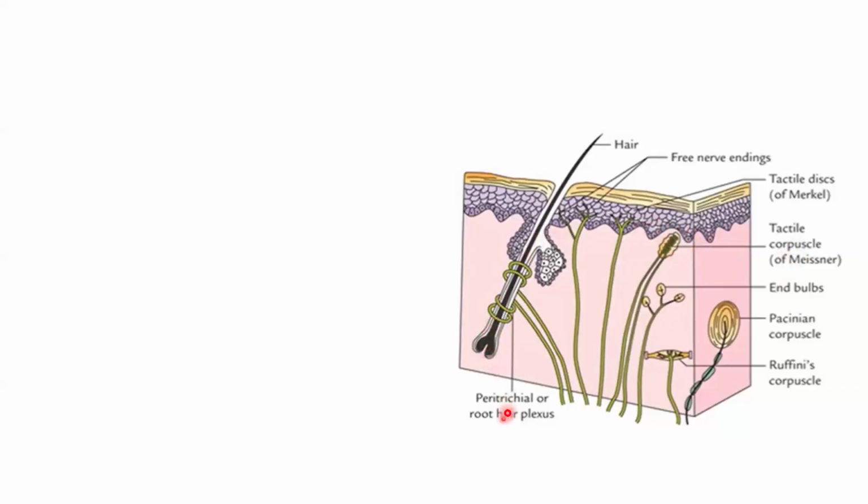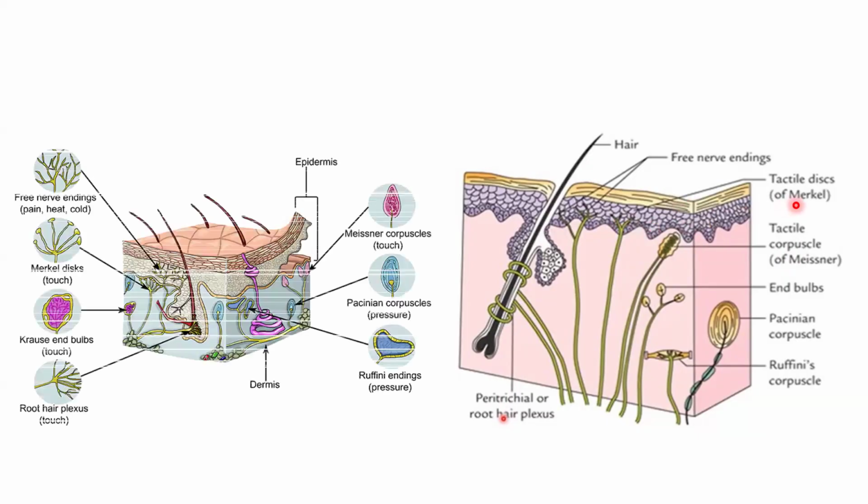We have peritrichial root hair plexuses, which detect the movements of the hair, and then you have free nerve endings to perceive coldness, hotness, and pain. Merkel discs for crude touch, and that is being shown on the image on our left, with the free nerve endings for the three stimuli, Merkel disc for crude touch, and end bulbs for touch and also for degree of coldness.